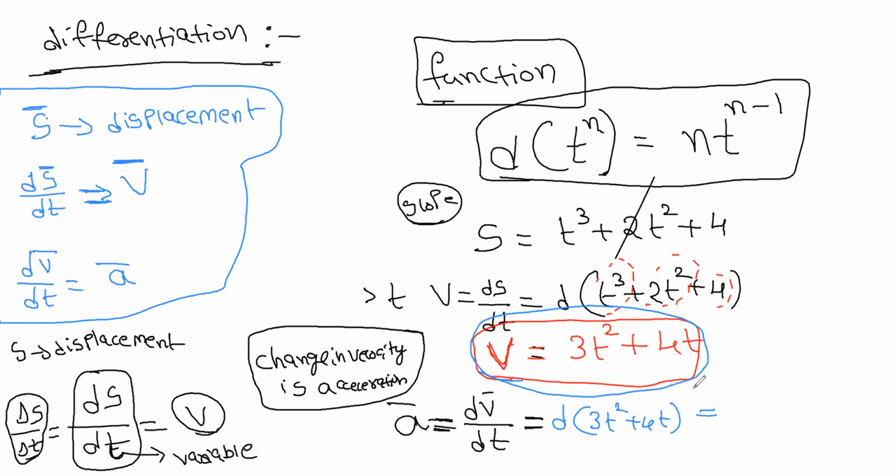Because this is v, if you differentiate again, you will get acceleration. That is 6t plus 4. This is the acceleration function.